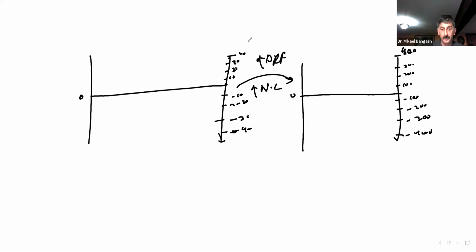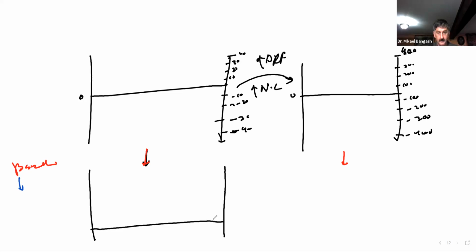Now, what you can do in this case is a baseline shift. Even in this one here, if you do a baseline shift, let's just say we bring the baseline down like this.